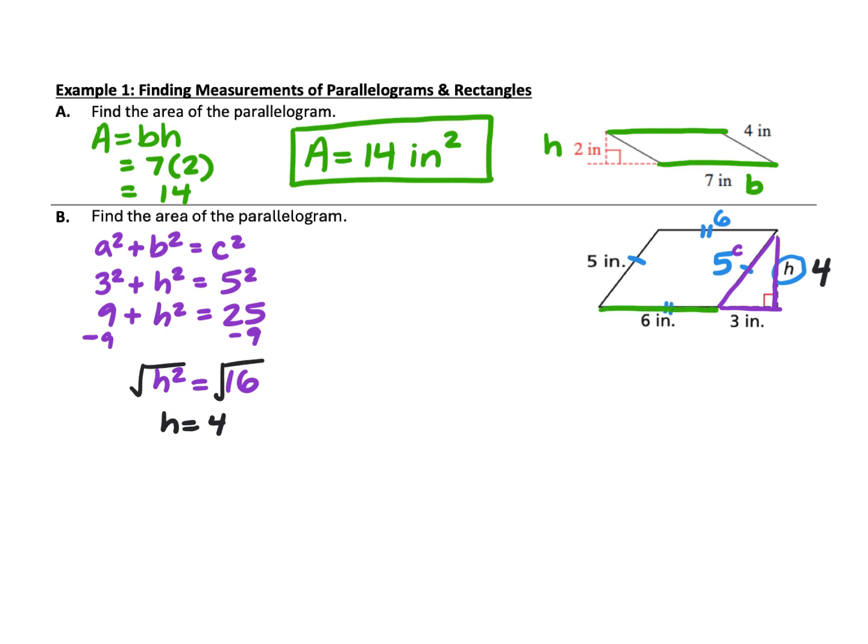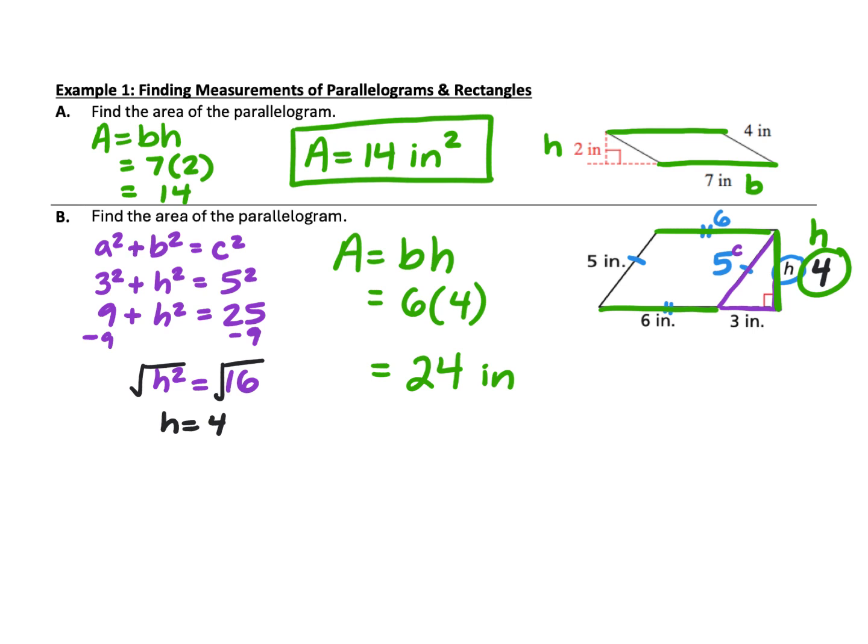Remember, the area is the base times the height, and the base and the height have to be perpendicular. So the height is the 4, and the base is the 6. So area equals base times height is just 6 times 4, and that is 24. Don't forget your unit. This one is also in inches, so our area is inches squared.